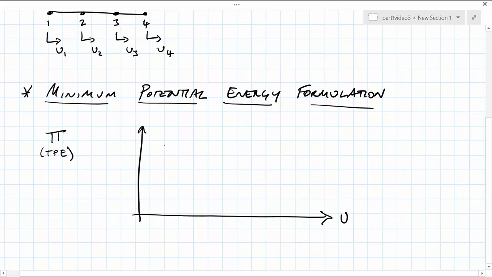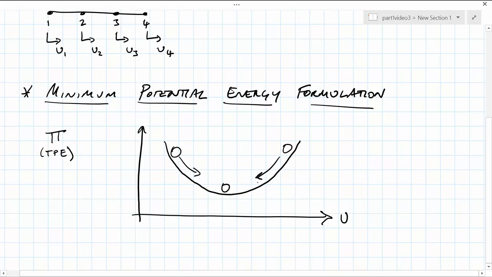For a stable system, total potential energy tends to have a downward slope, and if you were to draw a ball running down this slope, it would always tend towards the center.